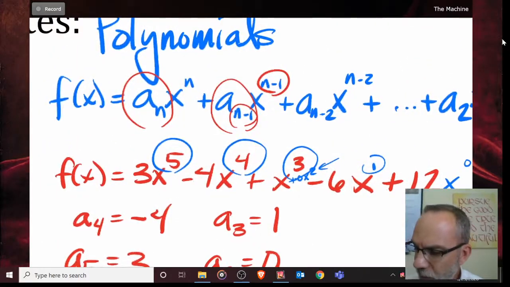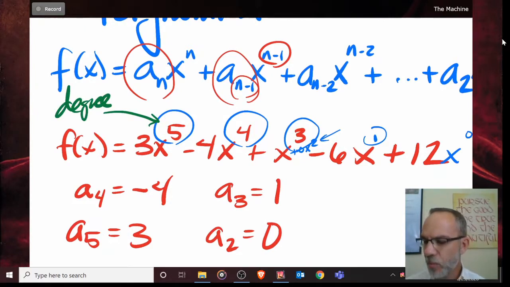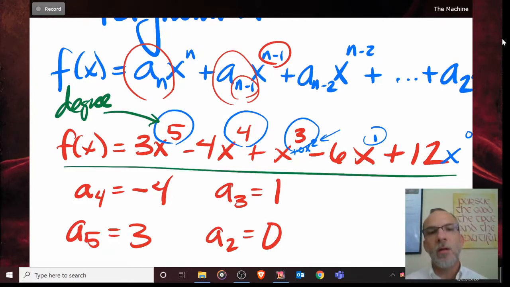A polynomial that is in proper form is going to be in descending degree. The degree has to do with the exponent. This one that I gave right here, that's a 5th degree polynomial. The highest exponent is the degree.